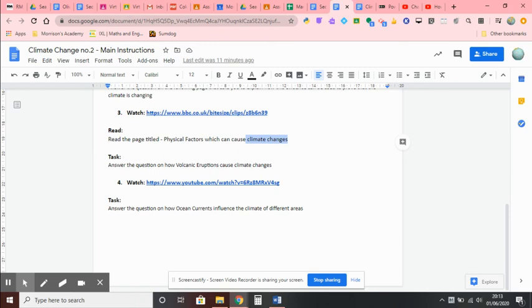And we in the United Kingdom, for example, are heated by an ocean current that comes across the Atlantic called the North Atlantic Current, or sometimes the Gulf Stream, and it brings warm water from the Gulf of Mexico that brushes past the west coast of the United Kingdom, and with that there comes warmer air. So if it wasn't for that ocean current, Britain would actually be as cold as northern Siberia in Russia. So ocean currents have a huge influence over the climate of different areas.